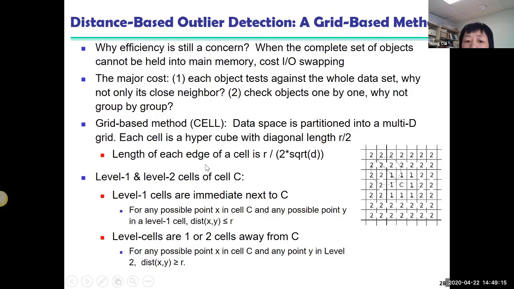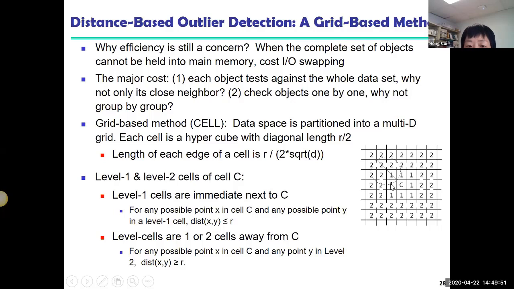If we define the length of each edge of the cell this way, then we know that each cell has a diagonal length of half R. Okay, so we need to remember this. We need to partition the dimensions so that every data cell has a diagonal length of half R.